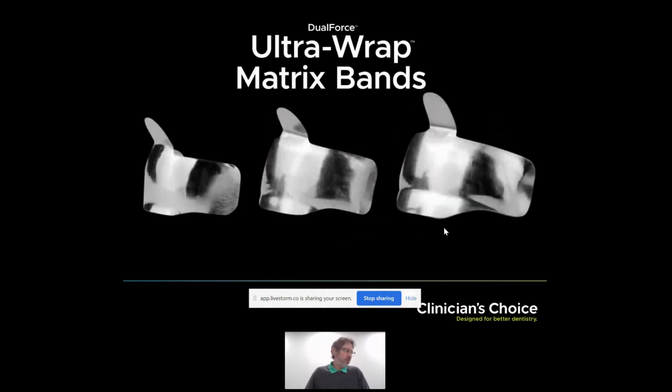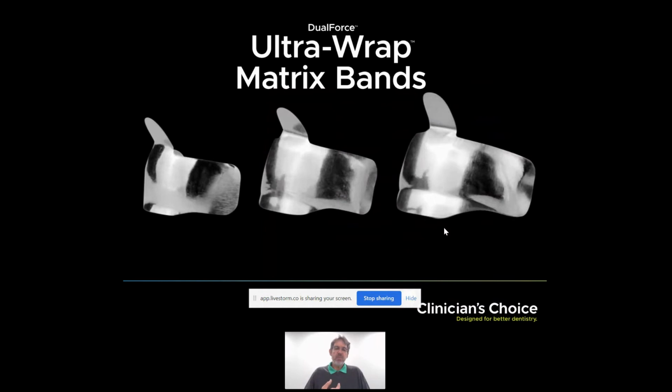Then we also looked at the matrix bands, and we said, how can we improve what's currently out there? Well, we know the challenge with most matrix bands being 38 to 40 microns is many times if you have a tight contact on placement, the bands would deform very easily. So what we did is we used the same thickness, but we incorporated heat during the manufacturing process.